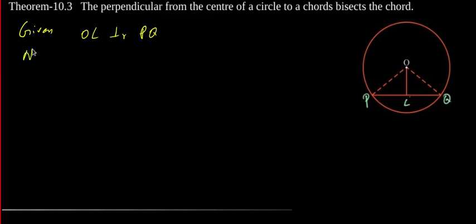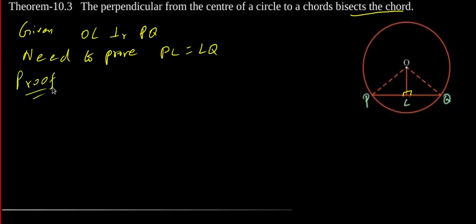We need to prove PL equal to LQ. This perpendicular will bisect the chord, we have to prove. OL is the perpendicular, so it will make 90 degrees here. We'll go for the proof. If we prove both the triangles are congruent, by CPCT we can say PL equal to LQ. So first we go for the congruency part.